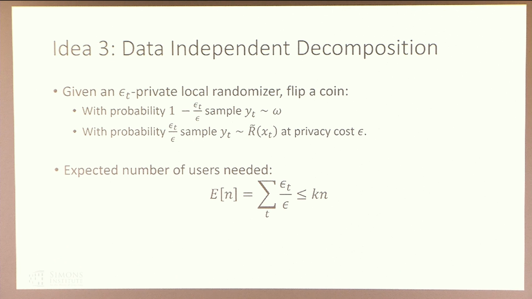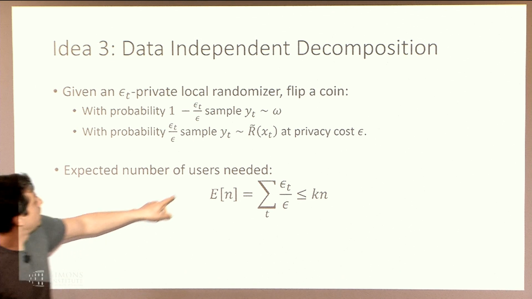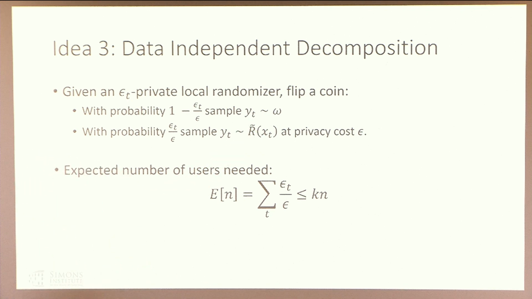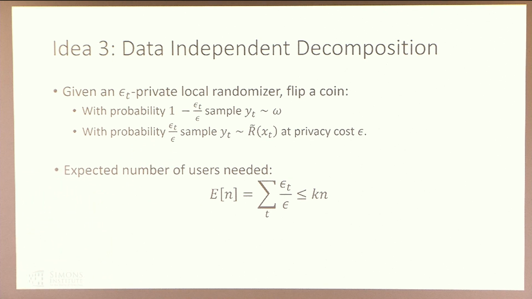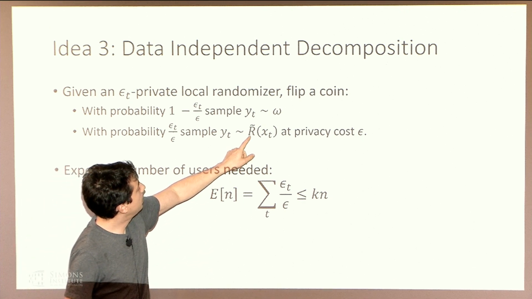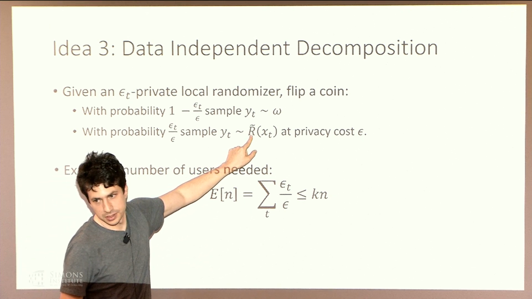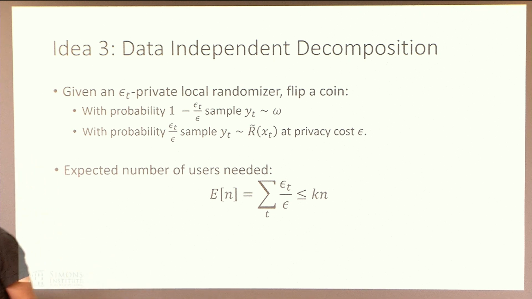We don't need to actually sample another atom, in which case we'll be able to get yt, which we need to continue the protocol, without expending another sample. With the remaining probability, epsilon t over epsilon, we actually do need another person, in which case we will use this slightly less private randomizer, R tilde, through our rejection sampling routine.